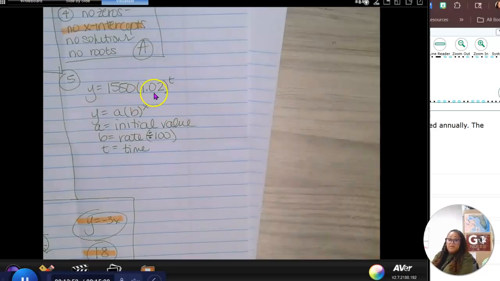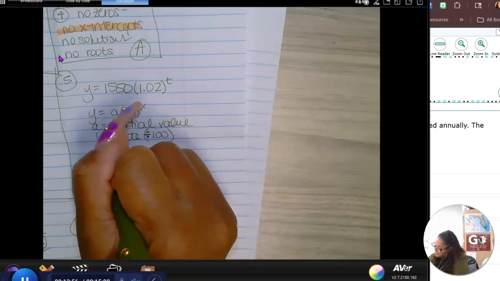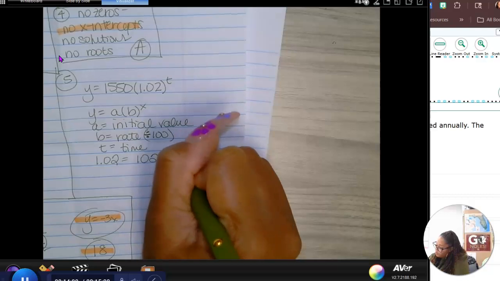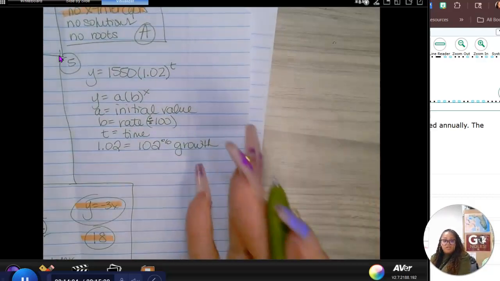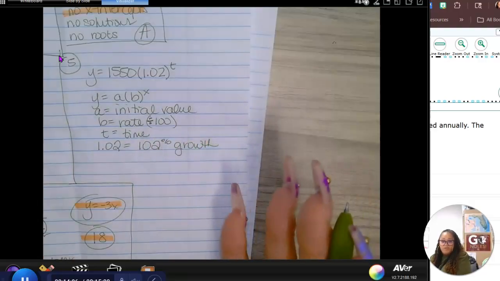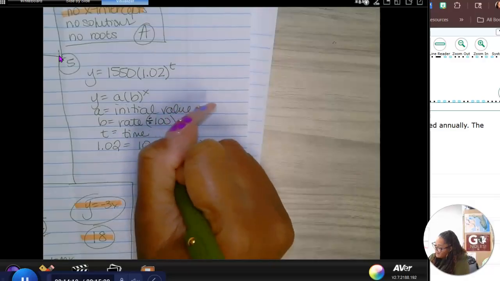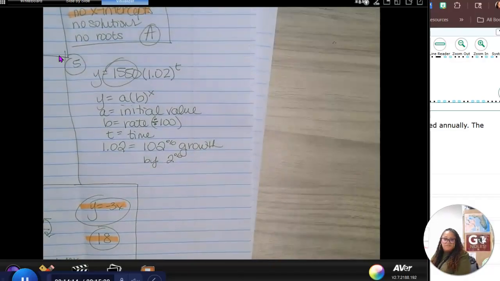So if this were divided by 100, this would be 102%. This is growth. And it's growth because it's beyond 100%. I got 2% more than a perfect score. So growth by 2%, and I start at 1550.